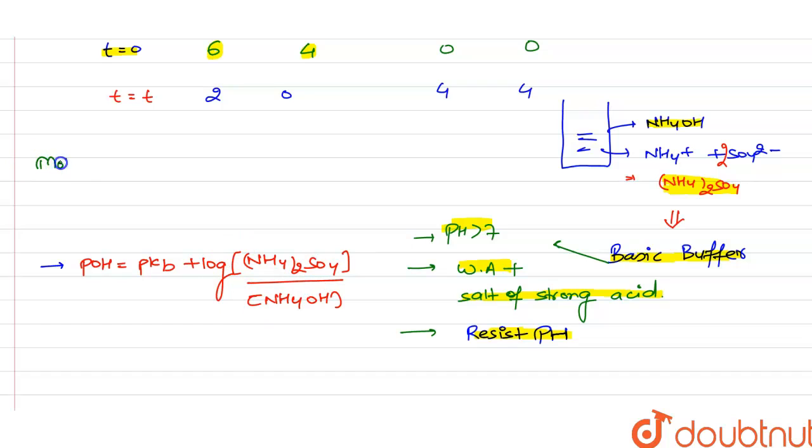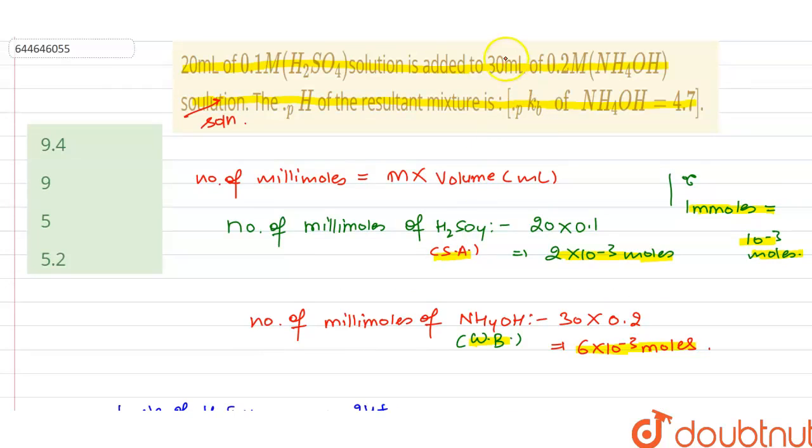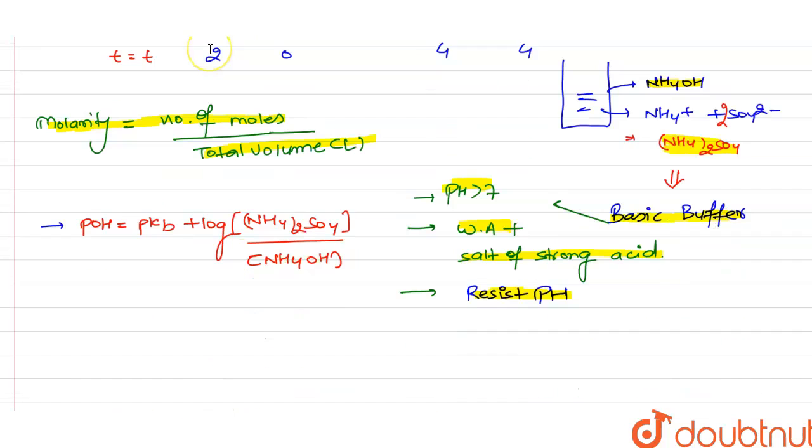Concentration is described in terms of molarity, which is defined as the number of moles of solute dissolved in the total volume of solution, which must be in liters. Here the total volume is 30 plus 20, that is 50 ml.